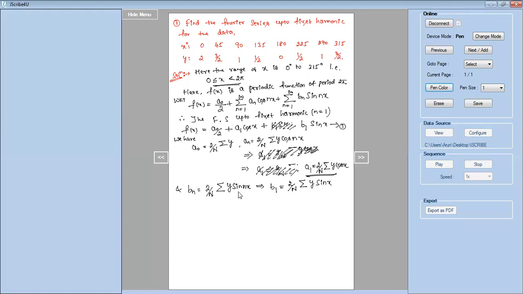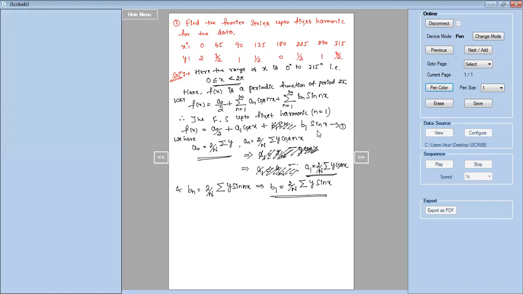So I get b1 is equal to 2 by capital N summation y sin x. So this is the formula for bn. So we have formulas for a0, a1 and b1. If we calculate the values of a0, a1, b1 using these formulas and substitute in equation 1, you get the Fourier series. But how to find what N is here first?